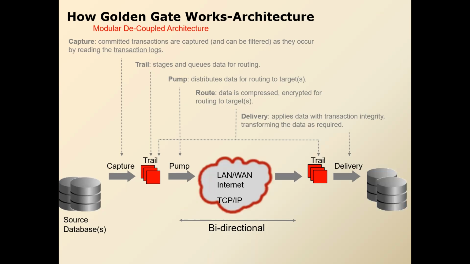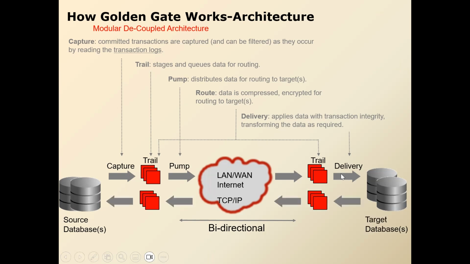So there are three processes involved: extract, pump, and Replicat. Bidirectional works in the same way, but in the opposite direction. The extract process will establish a connection with the site2 database, which will write data to the local trail.